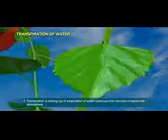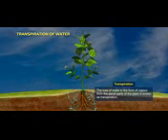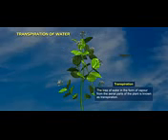Transpiration of water. Transpiration is the evaporation of water molecules from stomata of leaves into the atmosphere. Stomata are surrounded by guard cells. In definition, transpiration is the loss of water in the form of vapor from the aerial parts of the plant.